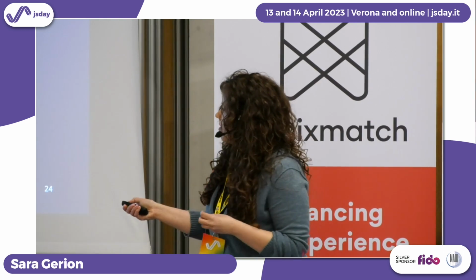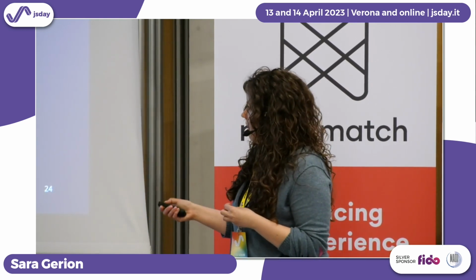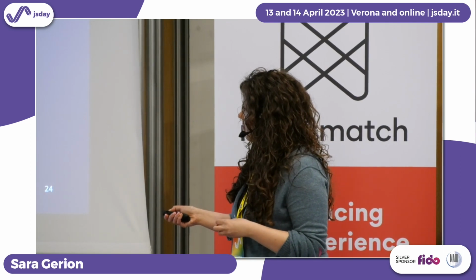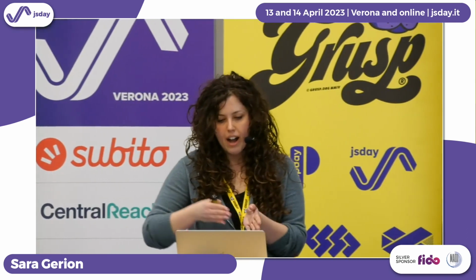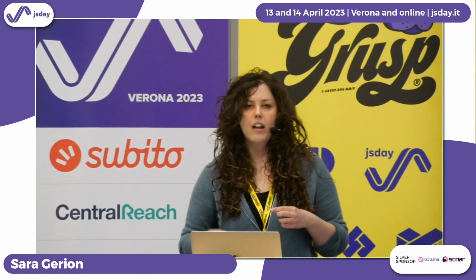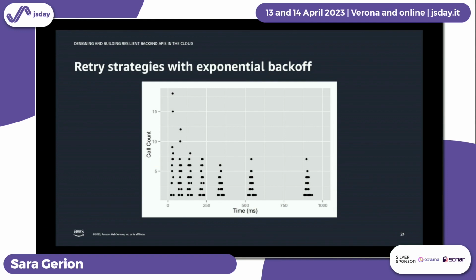What you may notice is that we are not looping in our code in a way that DDoSes our application. We are adding a bit of time between each of these retries, which is called exponential backoff. The first time we may retry after 2 seconds, the second time after 10 seconds, the third time after 1 minute. I'm not saying that this is how it should be, but I'm giving you an example of how it would look in practice.